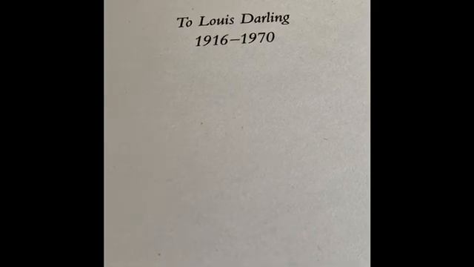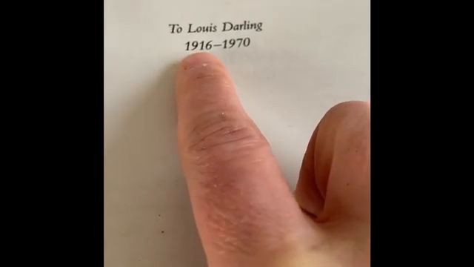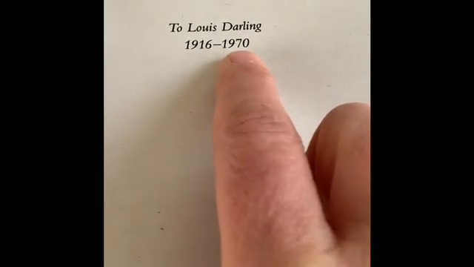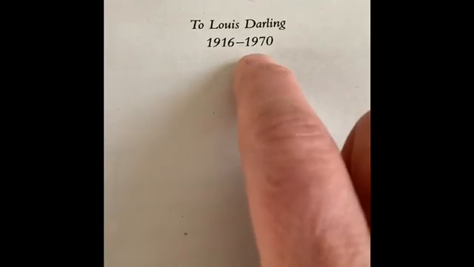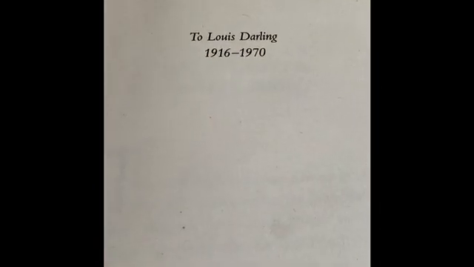Let's turn the page. And we come to the dedication page. This says to Louis Darling. And there are 2 dates here, 1916 to 1970. So when you see this, do you think that Louis Darling is still alive?